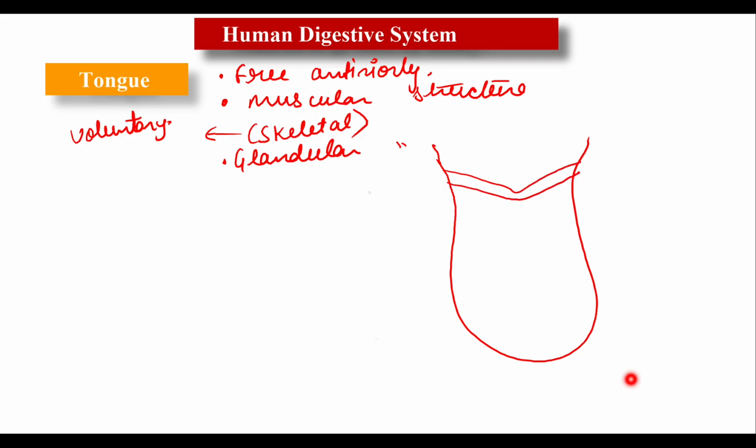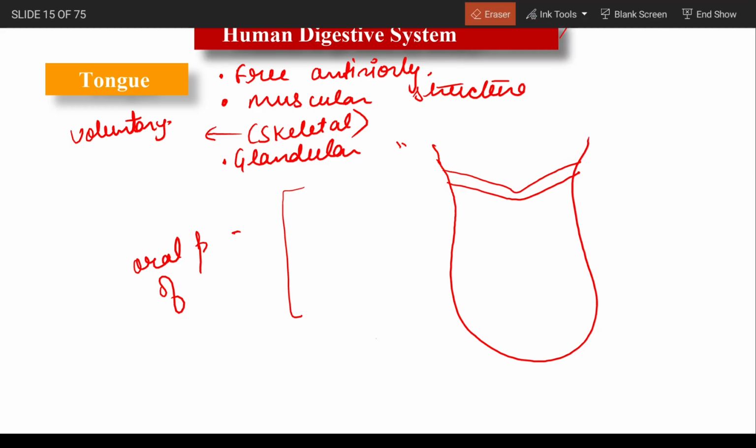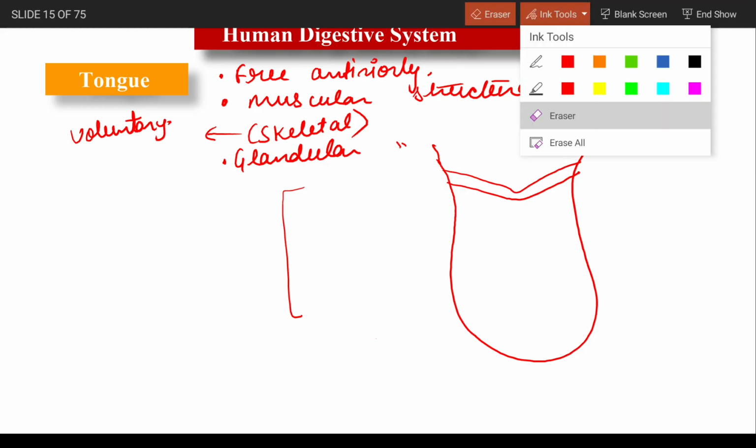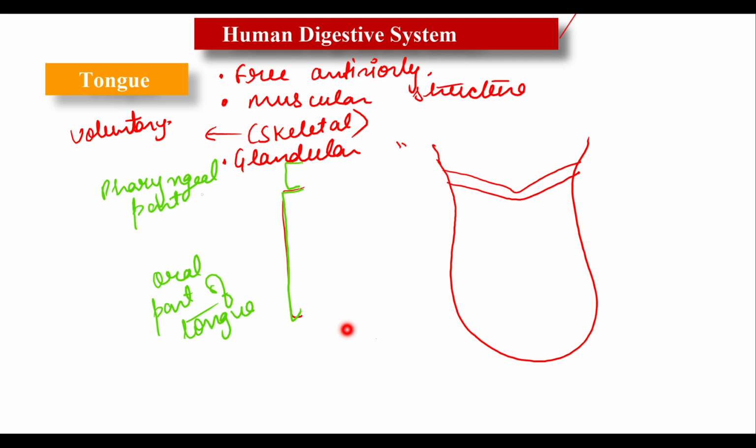This part of the tongue, the part which is visible to you, is known as the oral part of the tongue, and the part which is not visible to you is known as the pharyngeal part of the tongue. Why am I saying pharyngeal part?